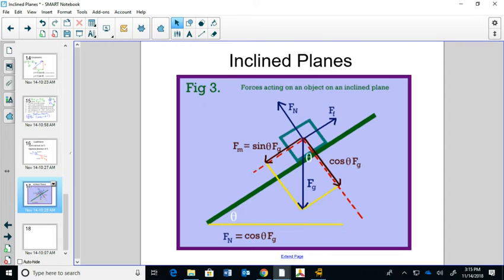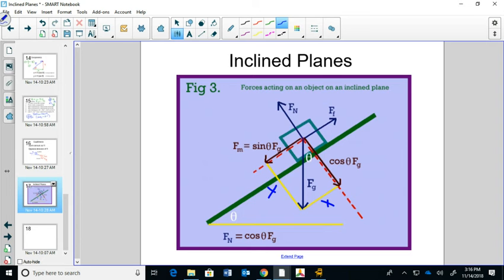The force pushing down the surface, they label as Fm, the force moving the object. That would be our x component of gravity. Would Fm be exactly the same as this line right here? Yep, absolutely. And here's the y, which would be the same as that one. Yep, absolutely.